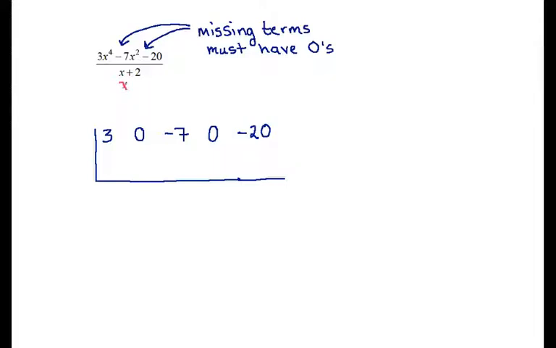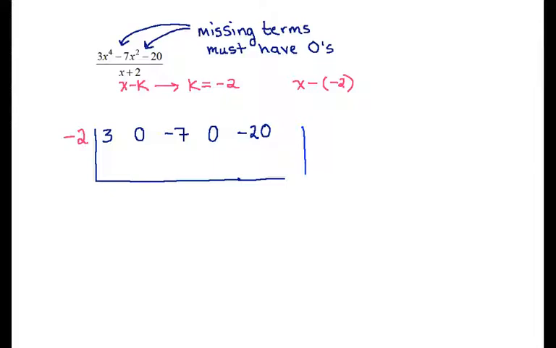Now, if my divisor is x plus 2, and I'm saying that that needs to be of the form x minus k, then that suggests that k is equal to negative 2, because I can make x plus 2 look like x minus negative 2. So there is always a sign difference between what my divisor looks like and what my value of k is. So over here on the left, I'm going to put negative 2 and then start my process.